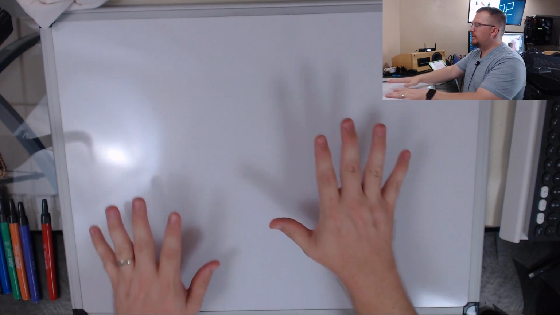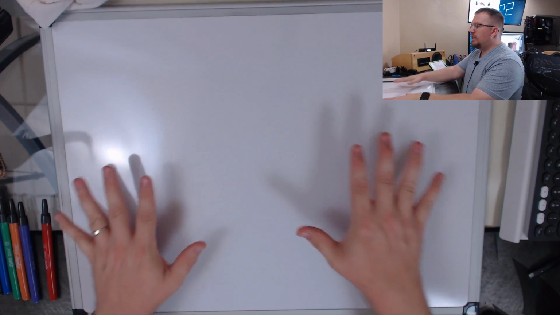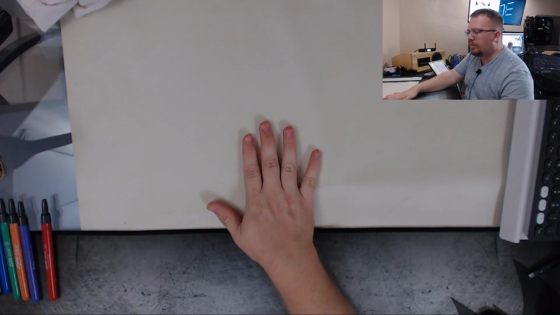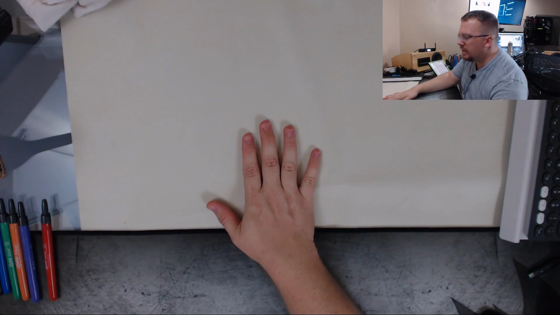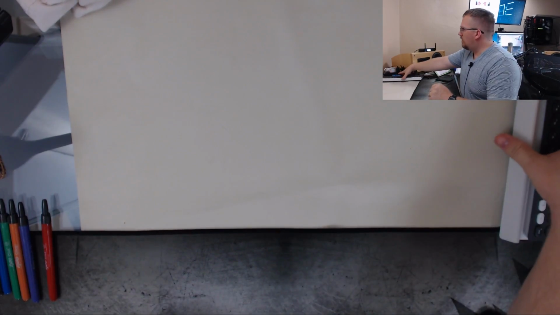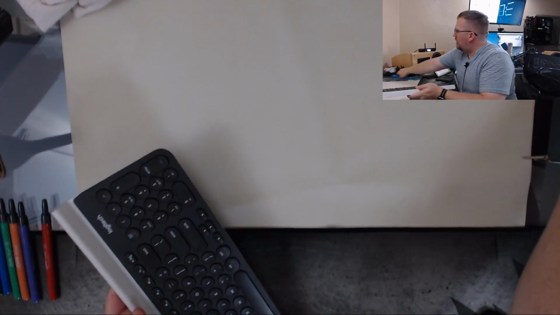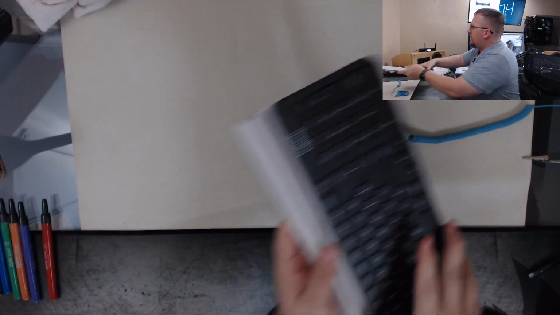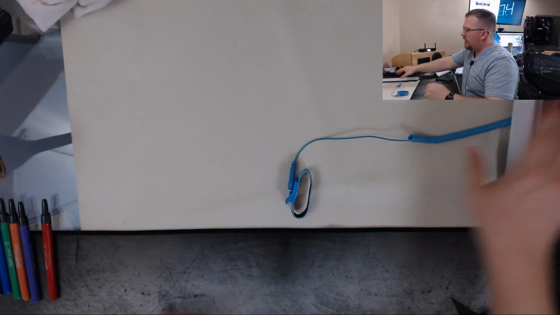But what I plan to do with this desk is, other than the whiteboard, if you look right below it, I have an anti-static pad with my anti-static wrist strap.